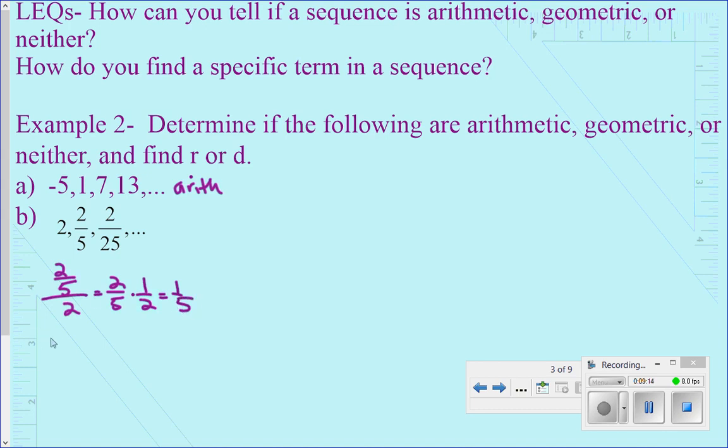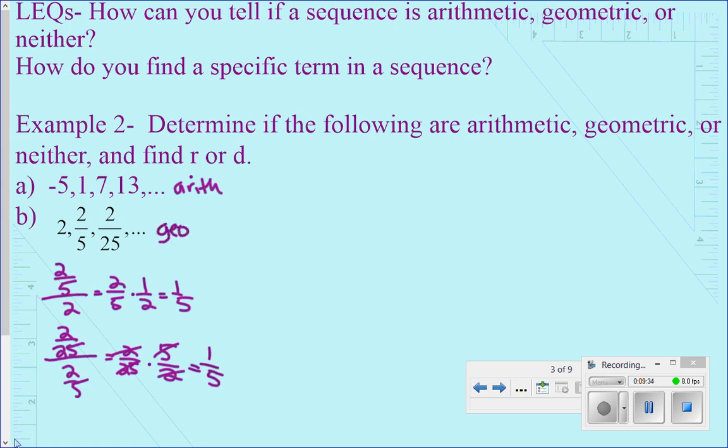And if I do 2/25 divided by 2/5, that's 2/25 times 5/2, which is 1/5. So we are recognizing that it is geometric.